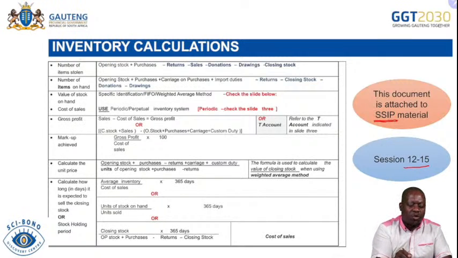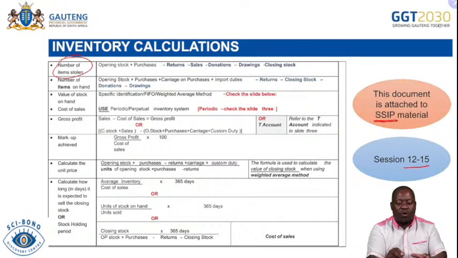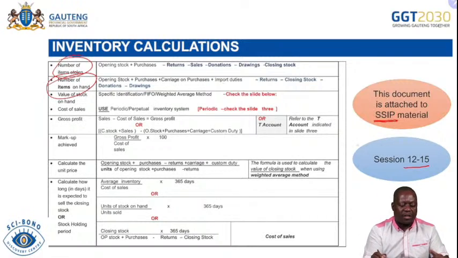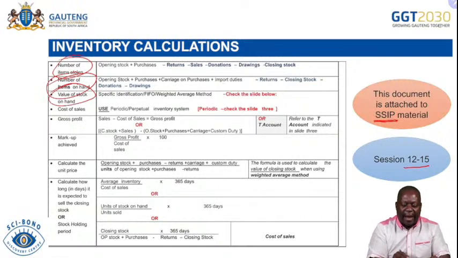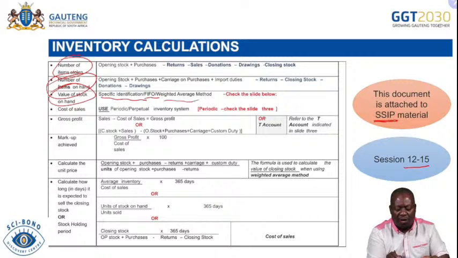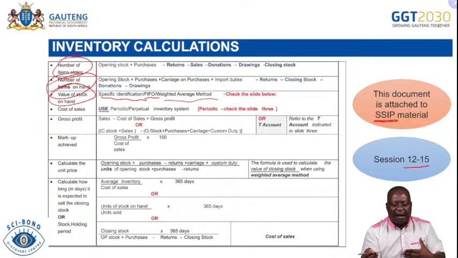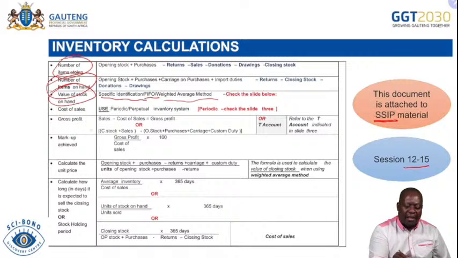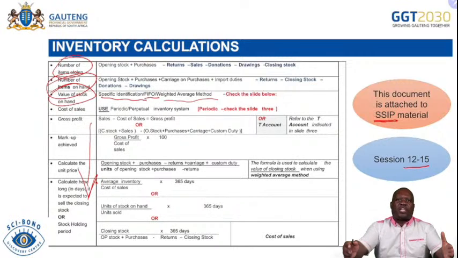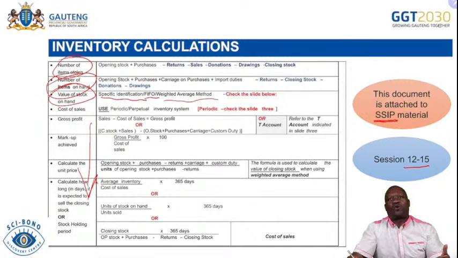Like, we need to calculate the number of stolen items. How do we go about it? The number of items on hand. How do we go about it? The value of stock on hand. And then we also look into the methods to say, which method are you using? Specific identification, FIFO, weighted average, among others, and all other items that we are going to need. That summarizes the whole section, the whole part of the syllabus. Please take note of that.